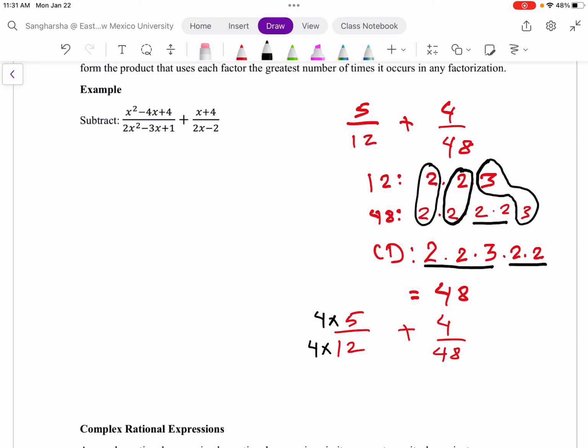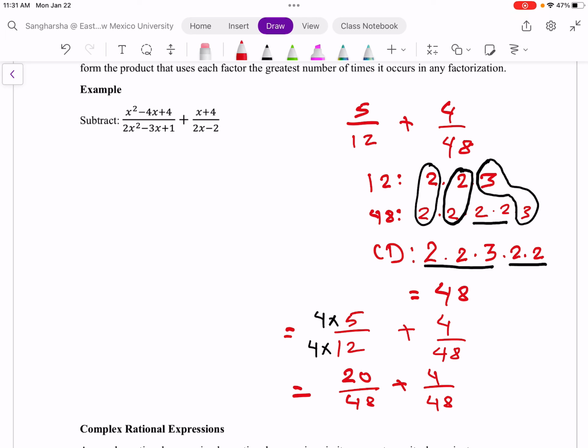For the second expression, the denominator is already 48, so no need to multiply. So this is 4 times 5, 20 divided by 48, plus 4 divided by 48. Now we have the common denominator, and if we have a common denominator, we can add the numerators, right?